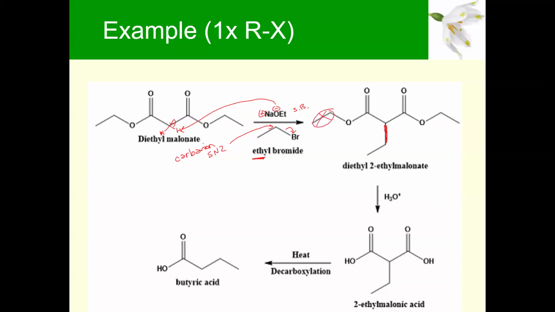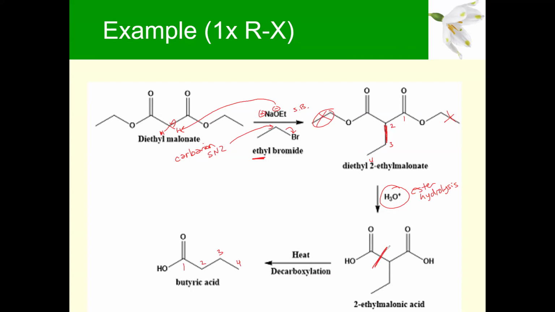And so then, what we want to do is we want to get rid of those. So we do the hydrolysis. This is the ester hydrolysis part. And so you get the carboxylic acid groups. If you're following, if this is carbon 1, this would be carbon 2, carbon 3, carbon 4. So in our product, that's carbon 1, carbon 2, carbon 3, carbon 4.